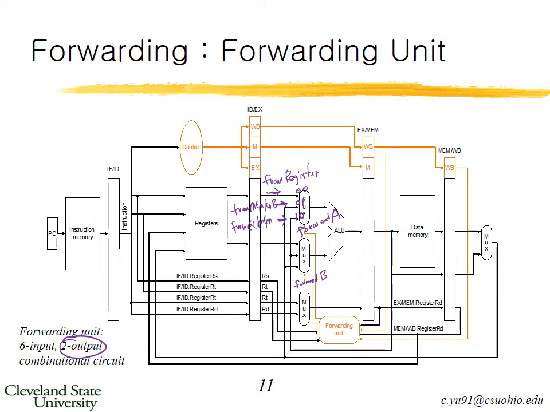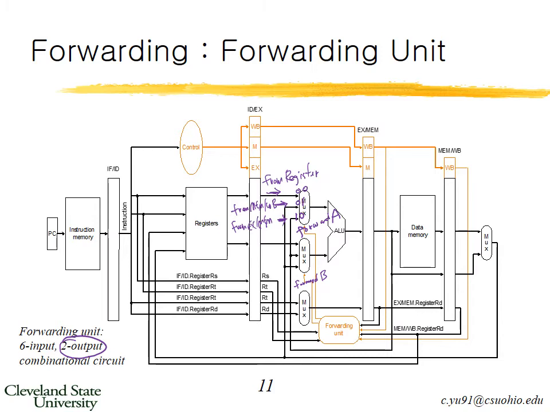Another candidate is feedback data from the memory to write back stage, multiplexer value of 0, 1. And the last one is another feedback from the memory stage, where the multiplexer value must be 1, 0.